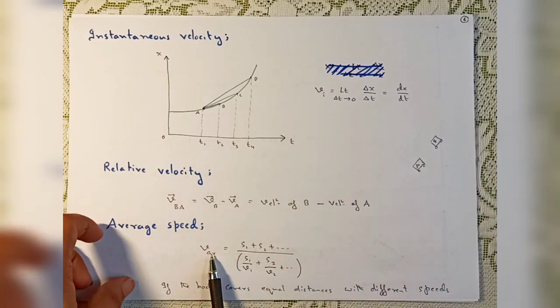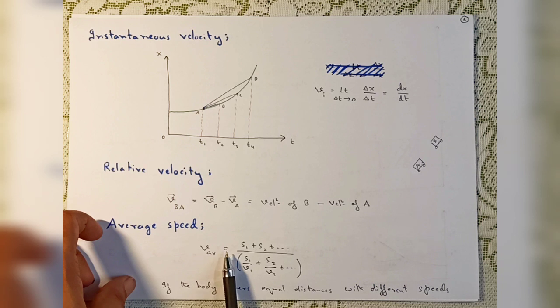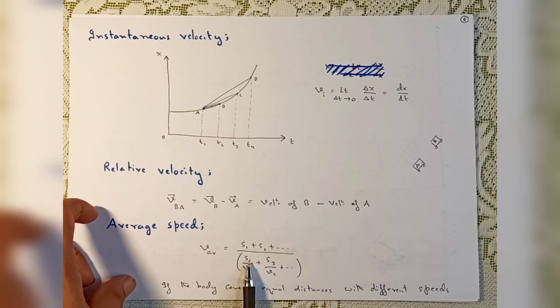Here there are certain conditions. S1 is the distance, S2 is the distance, and so on. So S1 by V1, since it is distance by time, we write it in this form: S1 by V1 plus S2 by V2. This is time, because velocity is displacement by time, therefore I am writing displacement by velocity for time.